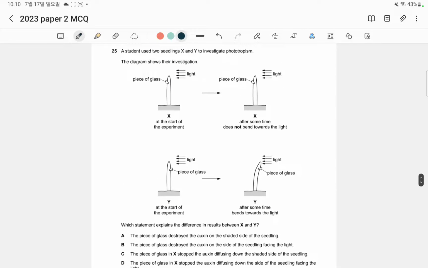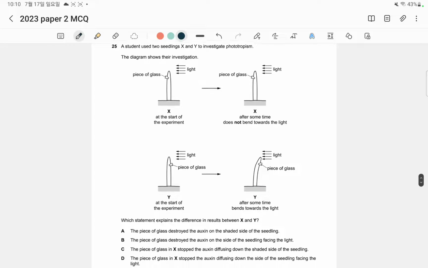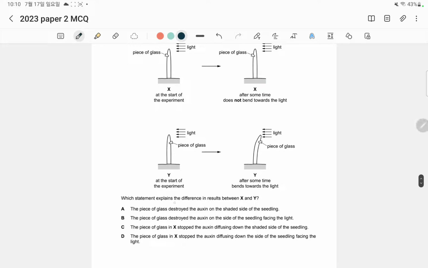Okay, so we have 4 diagrams. So which statement explains the difference in results between X and Y?